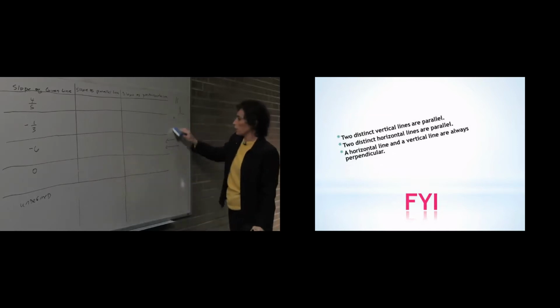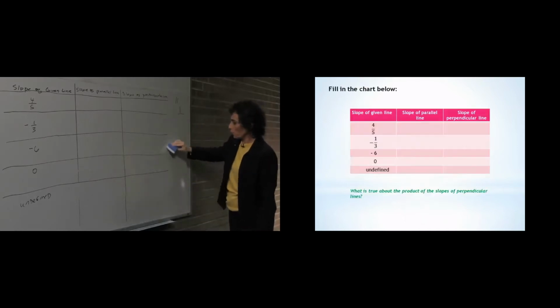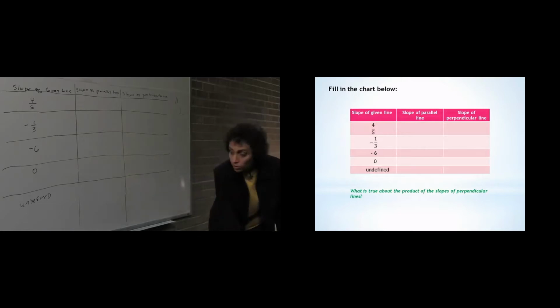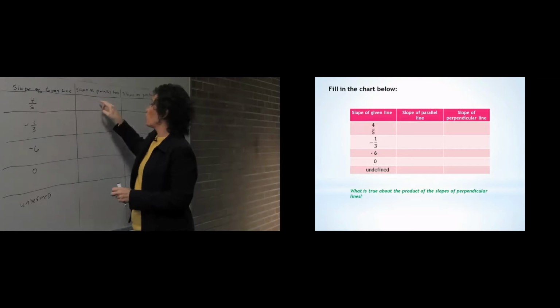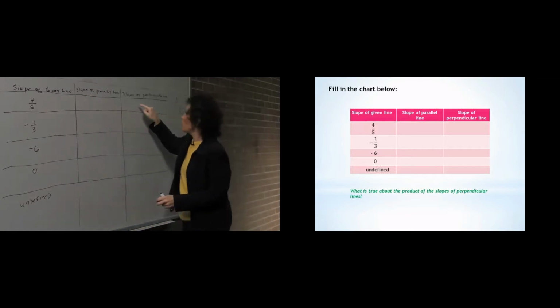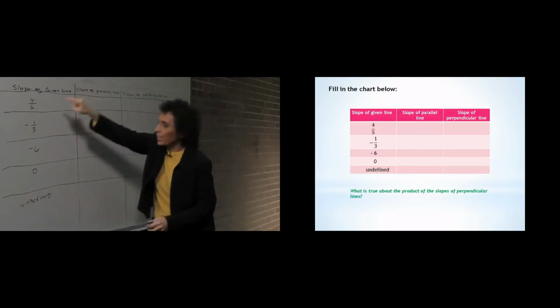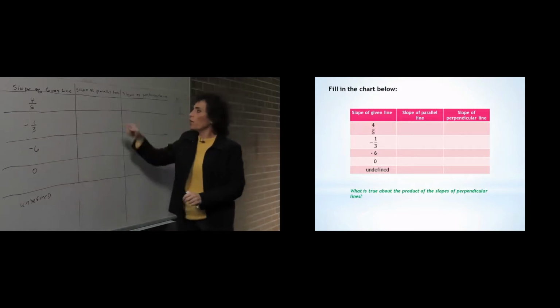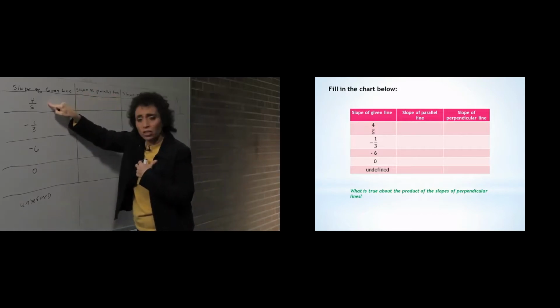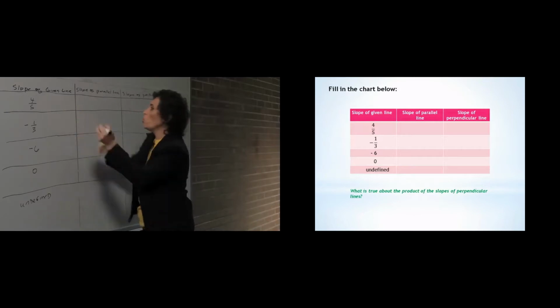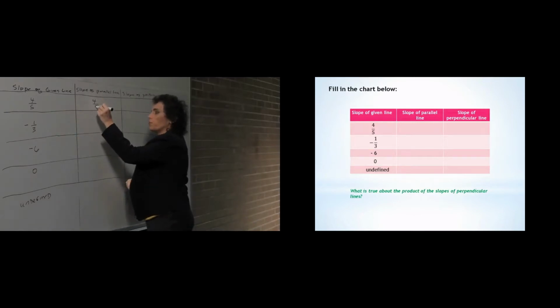Okay, let's take a look at this. In this chart, we want to fill in the blanks. And it says, I have a line, its slope is 4/5. We want the slope of the parallel line, and then we want the slope of a line that is perpendicular to that line. Well, we know parallel lines have equal slopes, so if I have a slope of 4/5, the line that is parallel to me will also have a slope of 4/5.